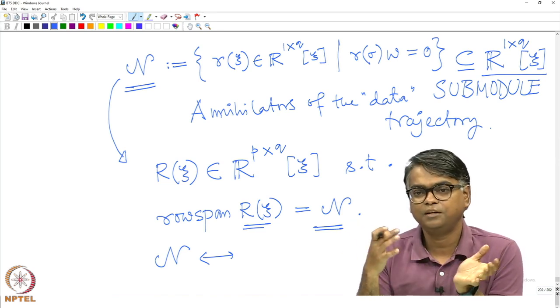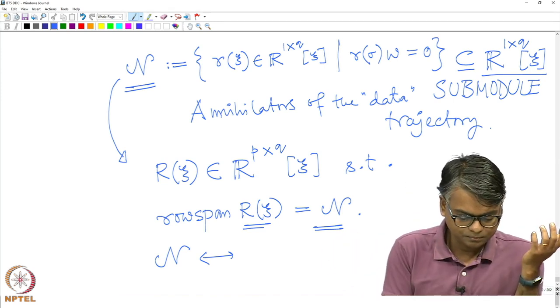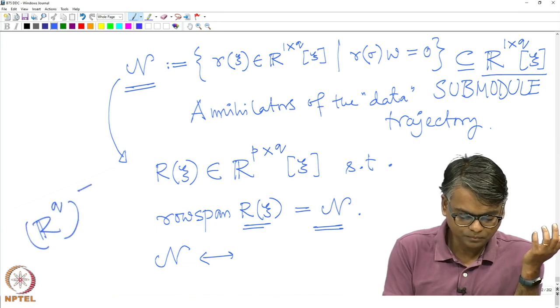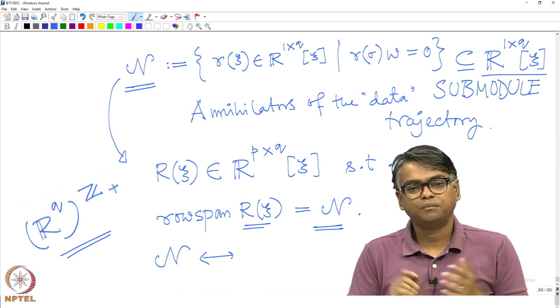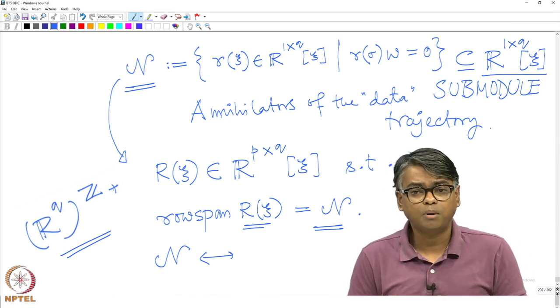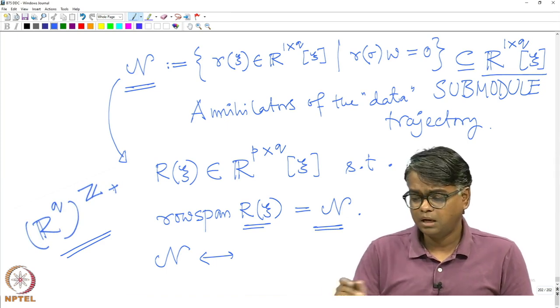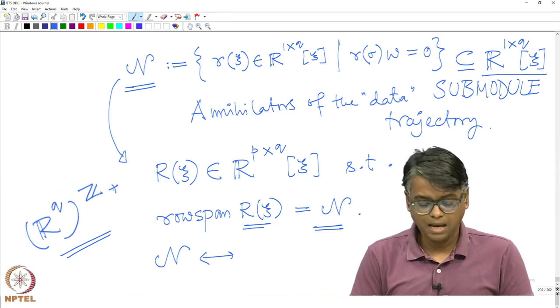It turns out that the kind of trajectories that we are looking at, that is, this is our function space, (R^q)^(Z+), like before with C infinity functions, there is a one-to-one correspondence between submodules of R^(1 cross q)[xi] and behaviors.